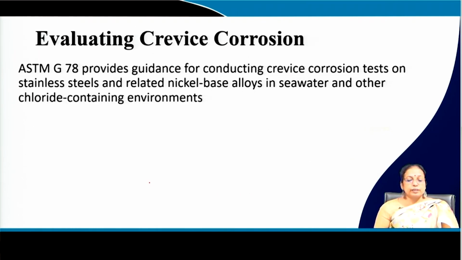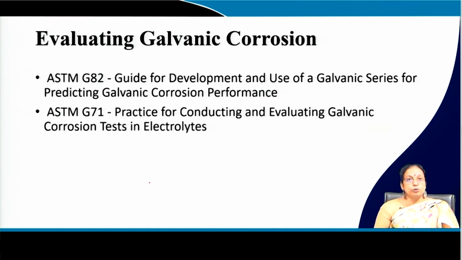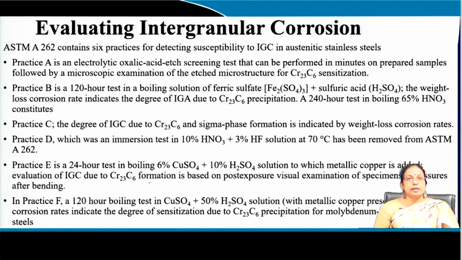Similarly, for crevice corrosion you can go for ASTM G78. These details are all available in the ASTM handbook. You can refer to this book to know the protocols that are followed for the different types of corrosion testing, like ASTM G82, which can be used for galvanic corrosion resistance measurement. Similarly, G71 is the practice for conducting and evaluating galvanic corrosion tests in electrolyte.